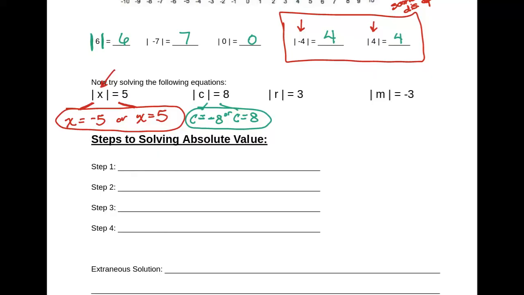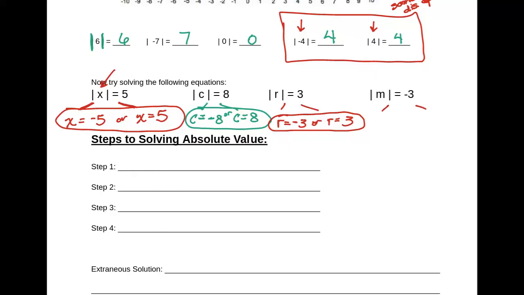The absolute value of R is equal to 3. That's going to be R is equal to -3. Good. Or R is equal to 3. And you're going right along and you say the absolute value of M is -3.